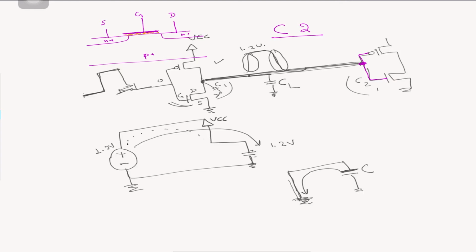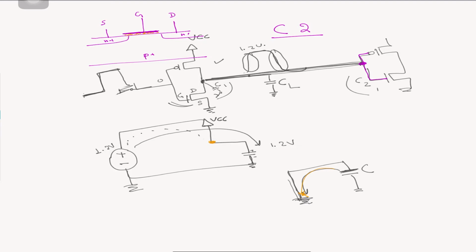Okay, if you remember, before NMOS conducts, the capacitor is already charged. So initially before NMOS conducts, this was the circuit, and this node was already almost charged to supply voltage.